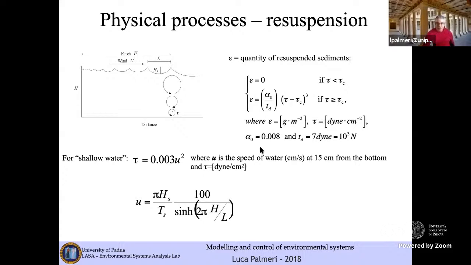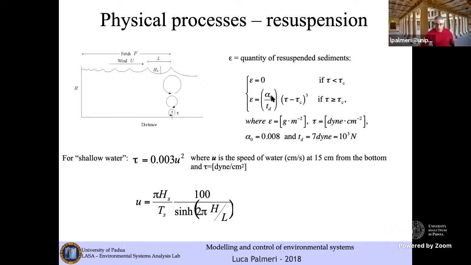By experimental observation, alpha is often found equal to 0.008, and tau d is a force, because we are normalizing this force.